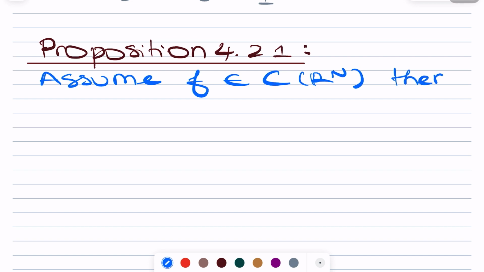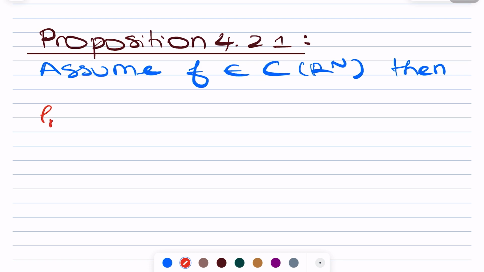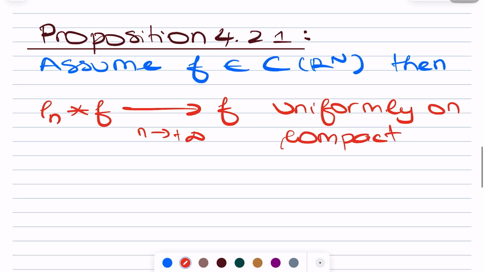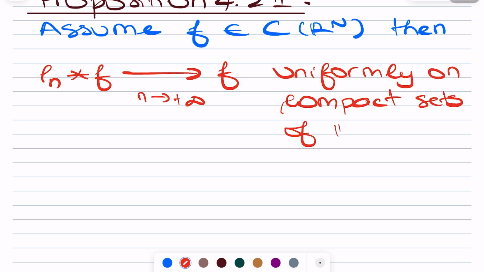Then rho n convoluted with f converges to f, as n goes to plus infinity, uniformly on compact sets of R^n.